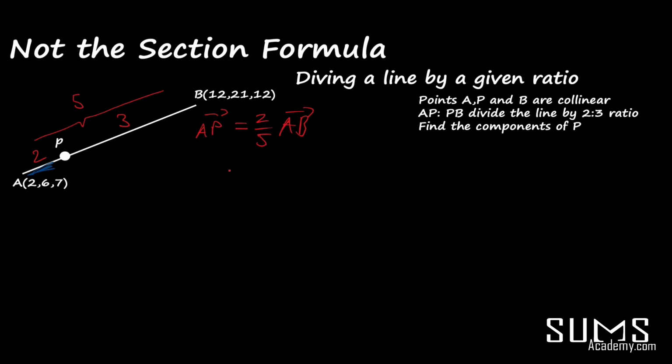So we can just go ahead and start to work this out. This is equal to 2/5 brackets. Well, it's going to be the top minus the bottom. So (12, 21, 12) minus (2, 6, 7). This equals still 2/5 brackets: 12 minus 2 is 10, 21 minus 6 is 15, 12 minus 7 is 5.